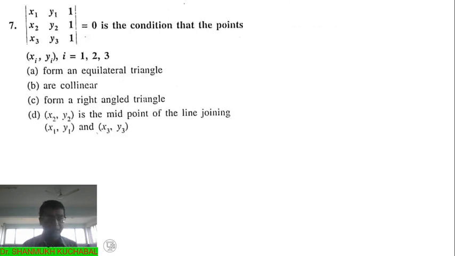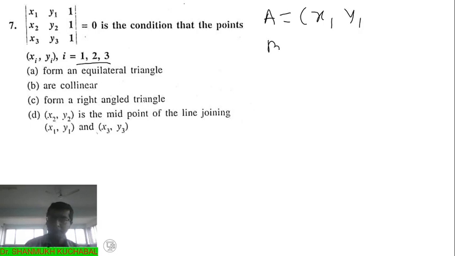We'll move to our next example. The determinant consisting of x1, y1, 1, x2, y2, 1, x3, y3, 1 equal to 0 is the condition that the points xi, yi, taking the values 1, 2, 3. That is, I can take the points as A, x1, y1.